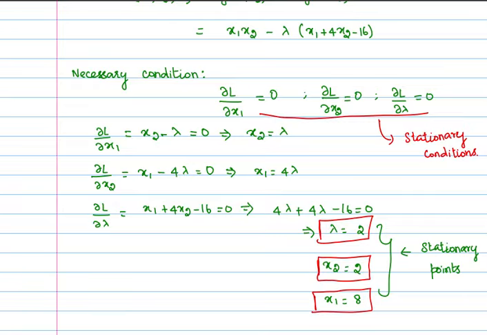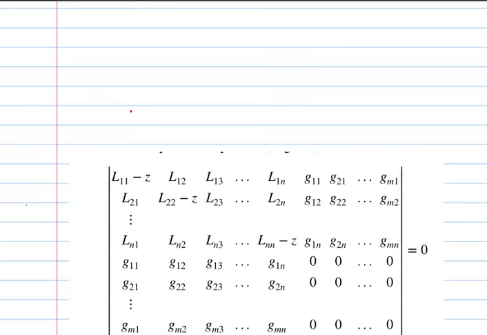Some people also call this the Hancock condition or Bordered Hessian.